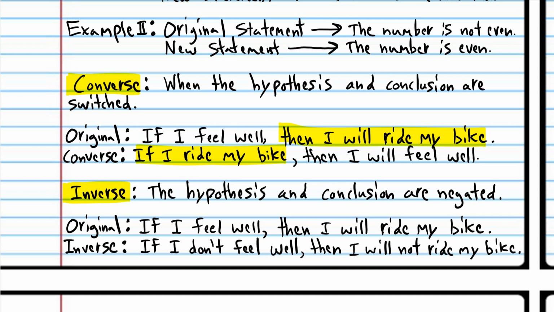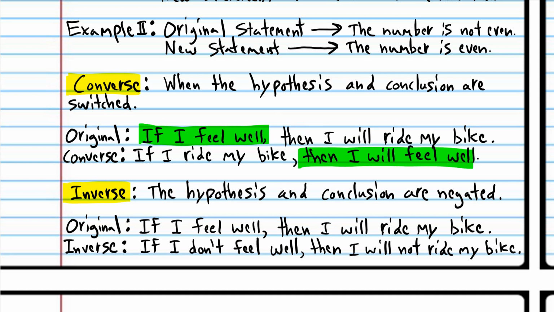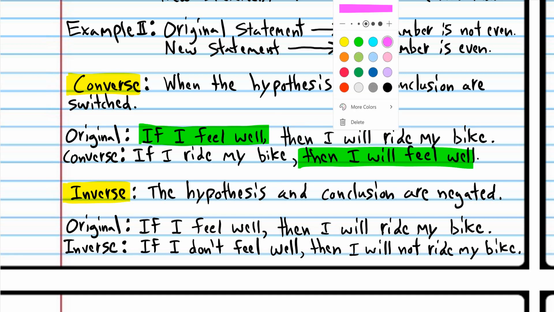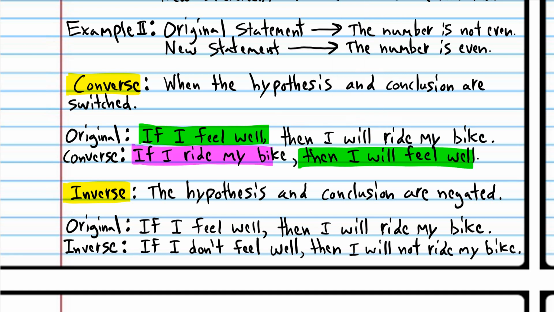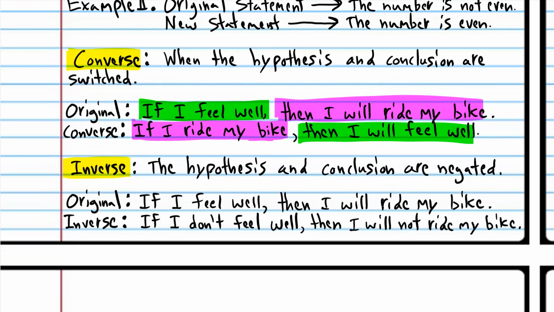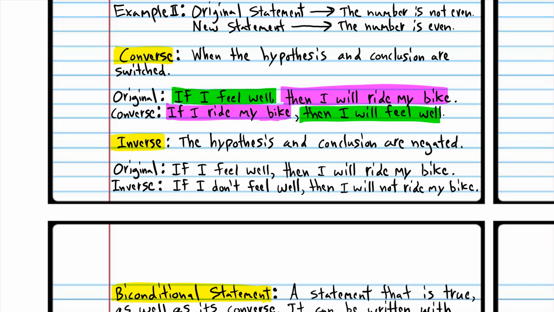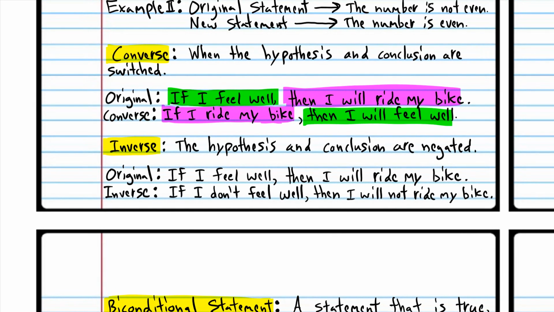I'm going to make this green, that green, and I'm going to bust out my purple color. There we go, so you can see what's going on. We'll give some more examples later on.